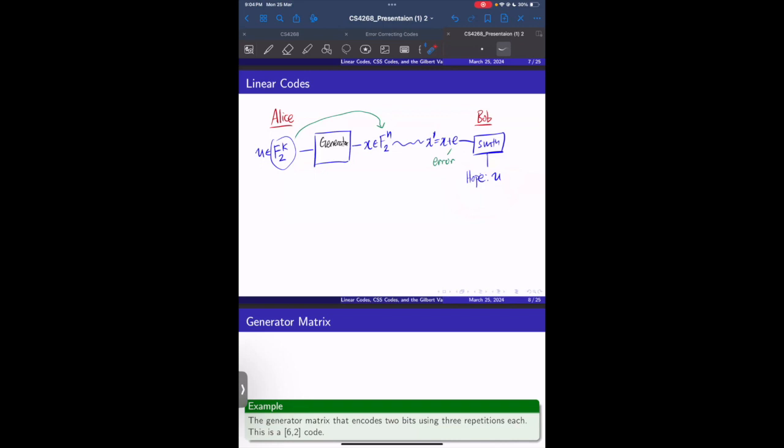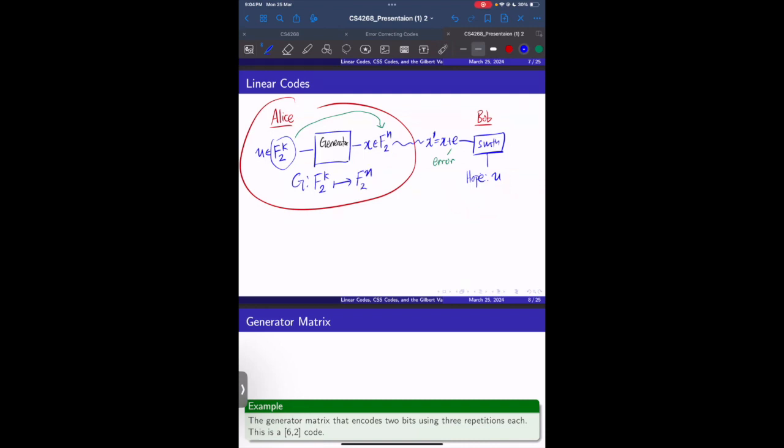So now let's look at it piece by piece. Let's look at this first piece first. What exactly is going on here? There's some k-bit string u and it's getting mapped to an n-bit string. We can view this as just applying some matrix G on the vector u.